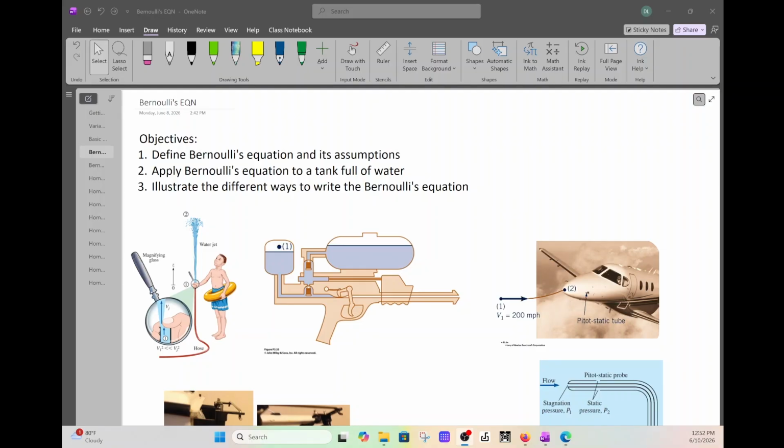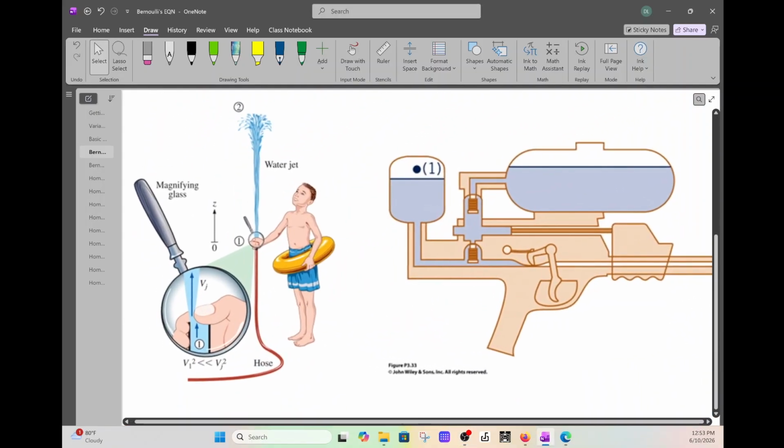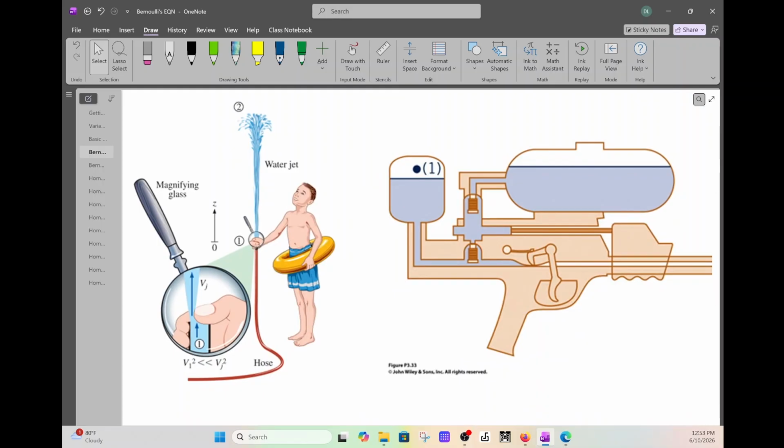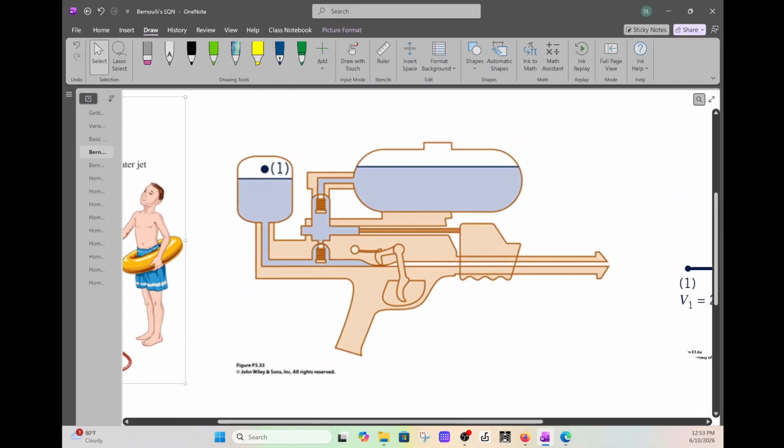For example, you might have done this before where you have your garden hose, you stick your thumb on the end, the diameter gets smaller, and the water shoots up. You can use Bernoulli's equation to go from state 1 to state 2 to find your maximum height. Okay.